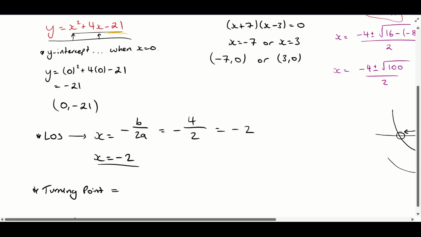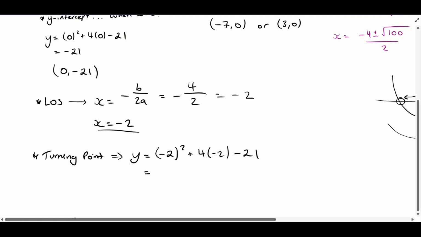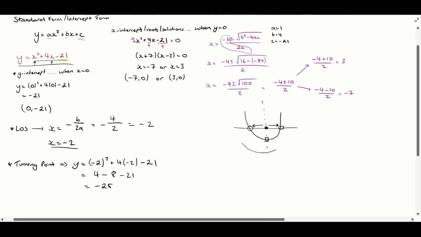Everywhere we see an x, we're going to put in minus 2. So minus 2 squared plus 4 lots of minus 2 minus 21. If we crunch these numbers down a little bit, we get 4 minus 8 minus 21, so we get negative 25.